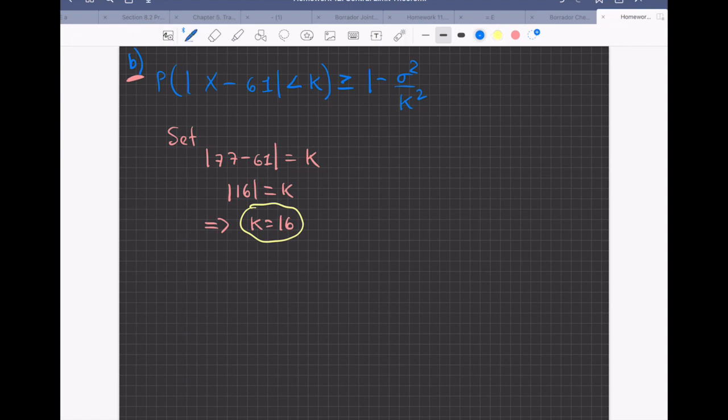So this implies that the probability that x minus 61 is less than 16 is at least 1 minus sigma squared, that is 9 squared, divided by k squared, that is 16 squared.